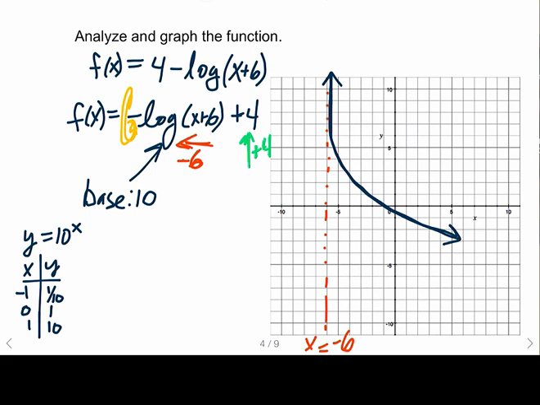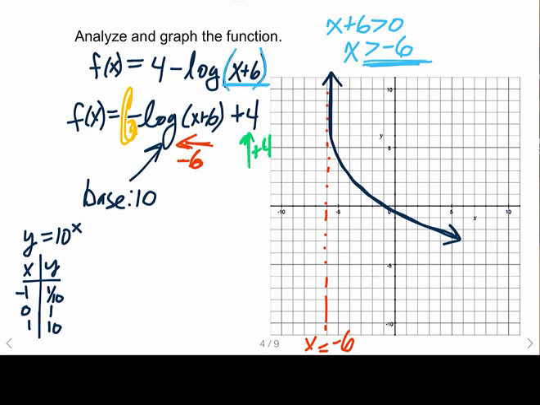We were asked to analyze. Recall that as far as the domain, the argument has to be positive. So in this case, x plus 6 has to be greater than 0. Solving this, I get x is greater than -6, at which point you might say, wait a minute, x has to be positive. That's not true. The argument has to be positive.